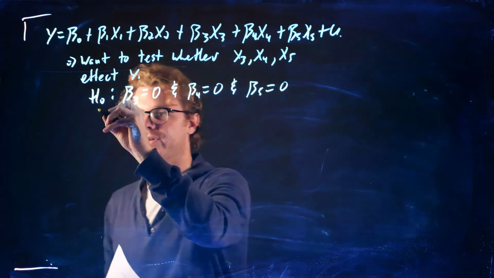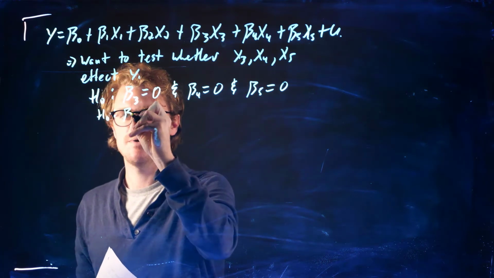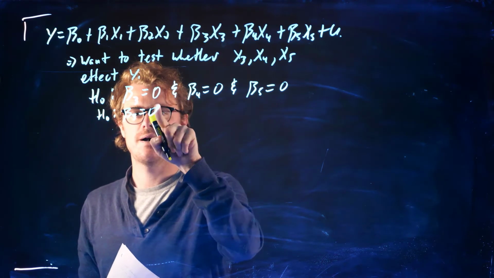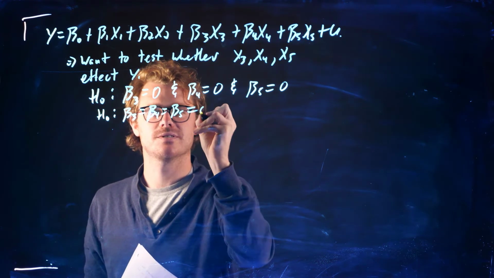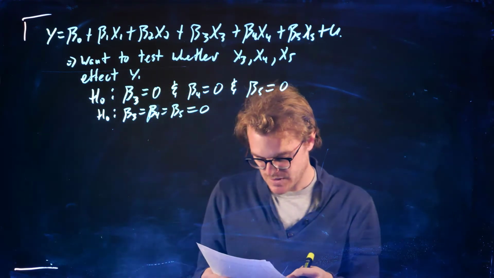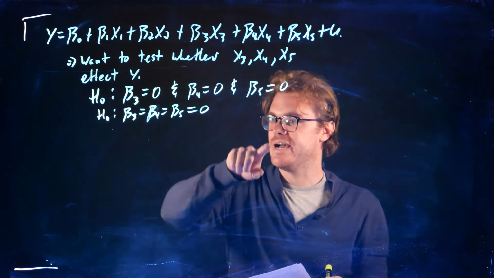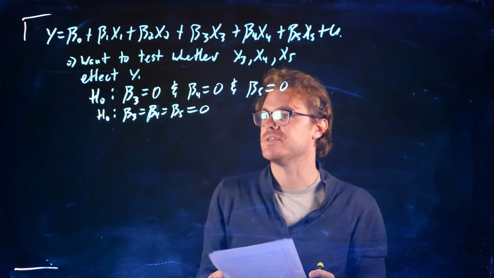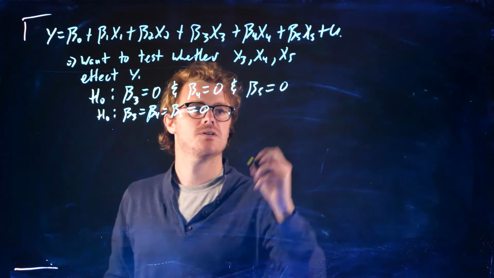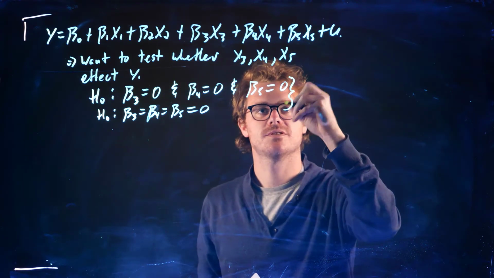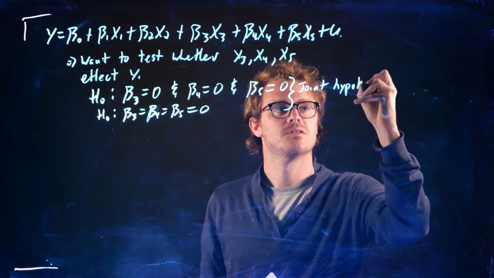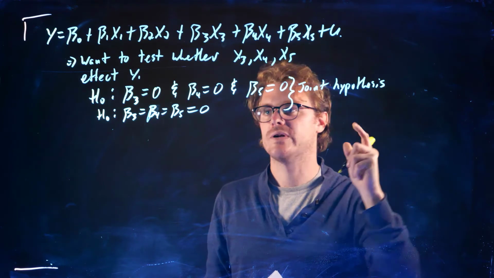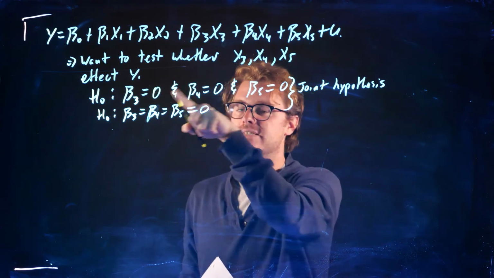Another way to put that, same thing, would be beta 3 equals beta 4 equals beta 5 equals 0. So this is going to be a test of a joint hypothesis. This is just two ways of putting a joint hypothesis. We want to test whether these things hold at the same time.